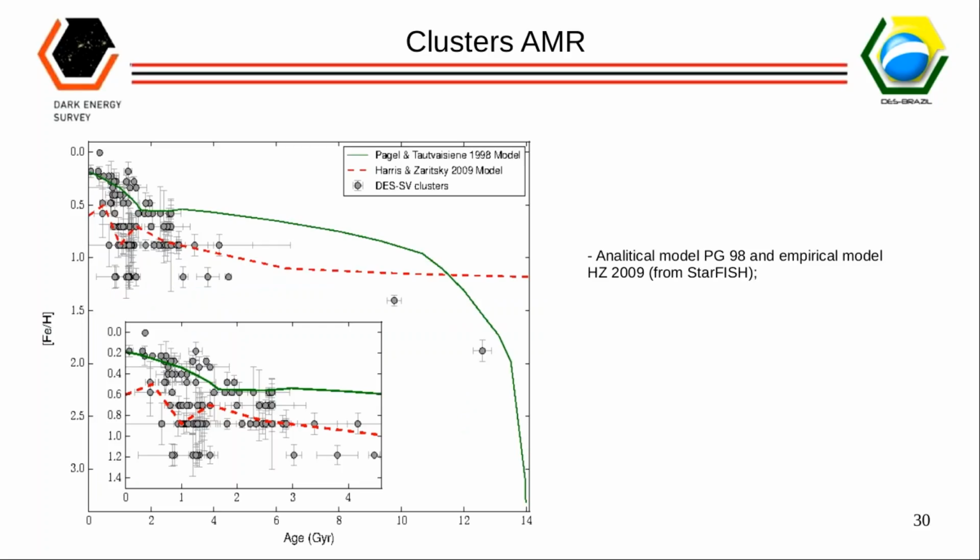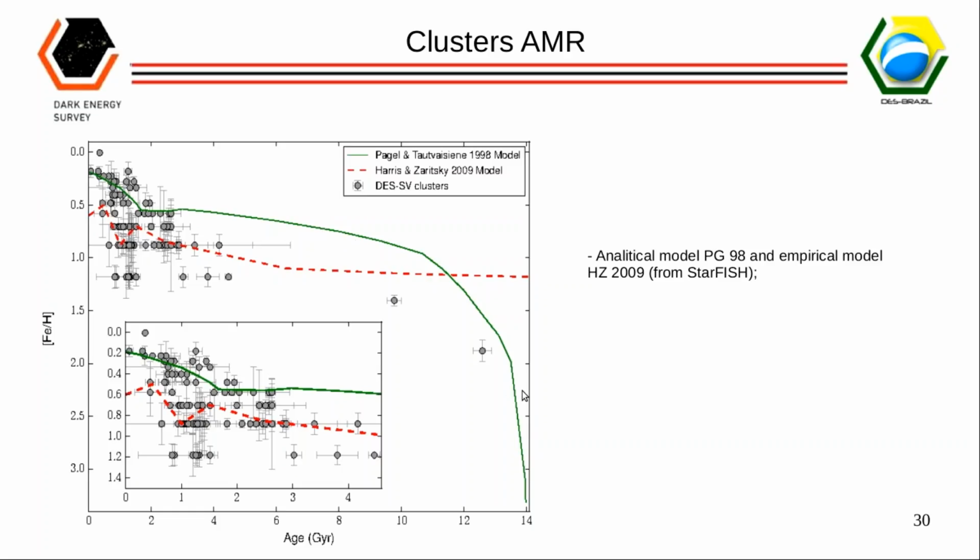Comparing our cluster sample to the Pagel and Tautvaisiene 1998 analytical models and Harris and Zaritsky 2009, the clusters are located midway. The Harris and Zaritsky 2009 model is represented by a dashed red line, and the Pagel and Tautvaisiene by the solid green line.